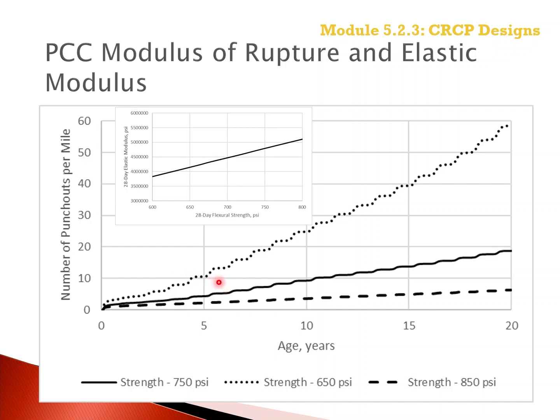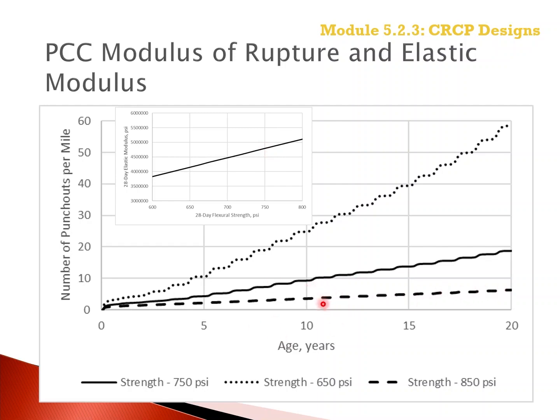So the short dashed line shown here has a concrete strength of 650 psi, and the 650 psi corresponds to an elastic modulus just above 4 million. The solid black line has a concrete strength or modulus of rupture of 750 psi, and 750 psi has an elastic modulus of around 4.5 million.